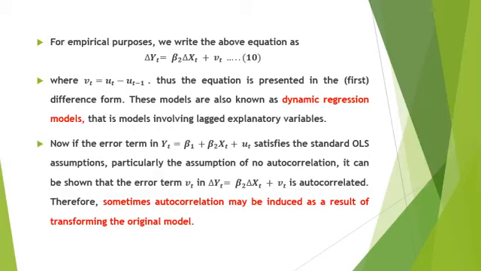These models are also known as dynamic regression models, that is, models involving lagged explanatory variables. Now, if the error term in the original model yt is equal to beta 1 plus beta 2 xt plus ut satisfies the standard OLS assumptions, particularly the assumption of no autocorrelation, it can be shown that the error term vt in the equation delta yt is equal to beta 2 delta xt plus vt is autocorrelated because it includes the influence of the error term during the previous period.